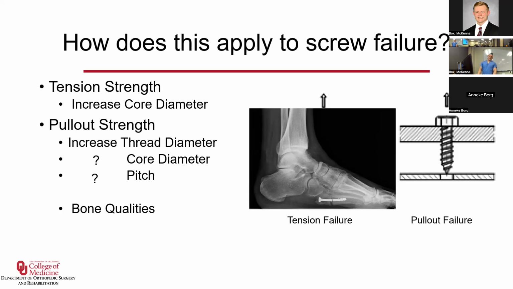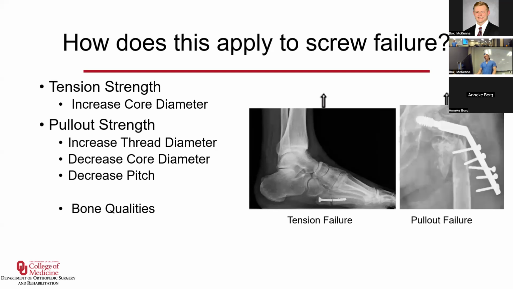As I was saying, the more thread that you have out, the more bone it can grab, and the harder it is going to be to pull out. You can decrease the core diameter at the same time, which also leads to an increase in thread diameter. You can also decrease the pitch, so you have more threads gripping the cortical bone, or the outside of the bone, so that it has a stronger grip on it.